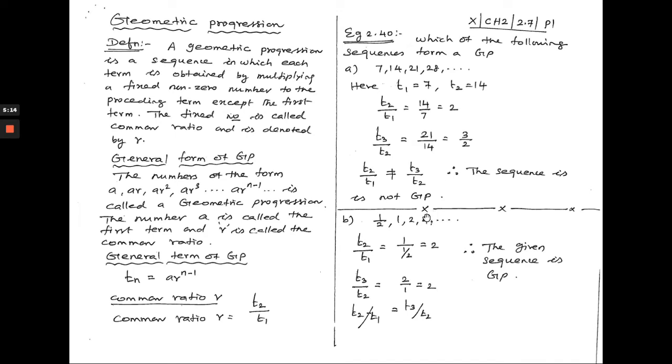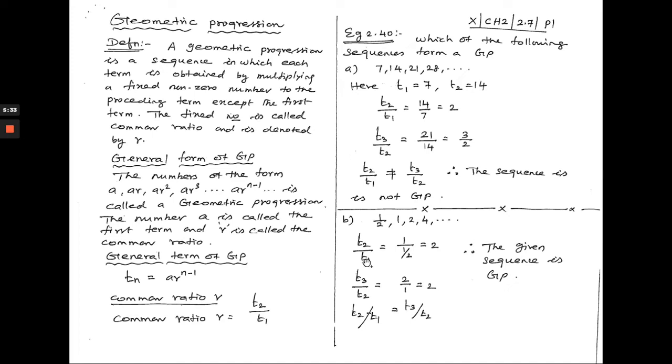Now the second sum, 1 by 2, 1, 2, 4, etc. Check whether the given sequence is in GP or not. How to check? If T2 by T1 is equal to T3 by T2, then we can say that it is in GP.